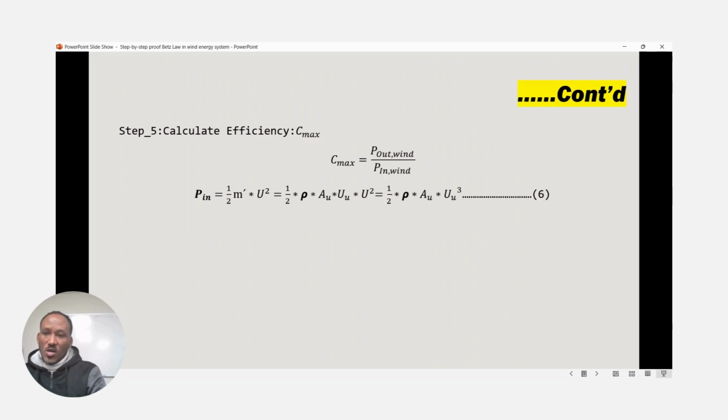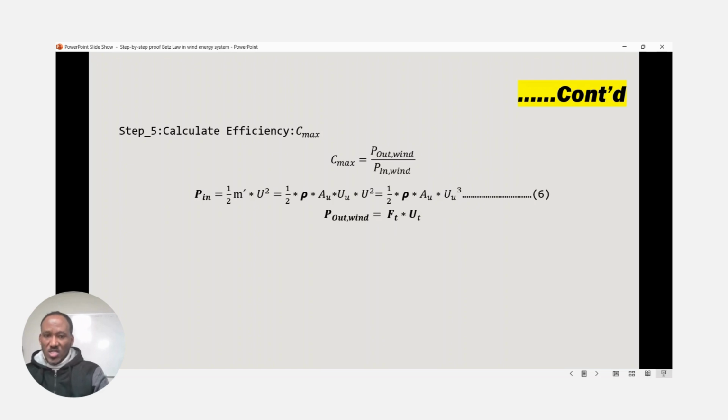That means power in is equal to the volumetric flow rate upstream times velocity squared, or kinetic energy. So this can be rewritten as power in equals 1 over 2 density times A_U times U cubed. Let's say this is equation 6, the power in of the inflow wind.